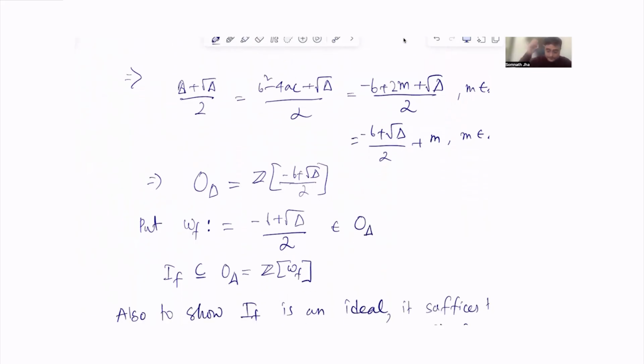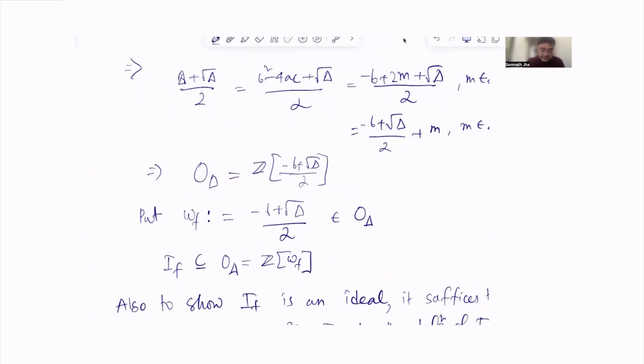And O delta, which is Z omega f in this notation. Okay, so at least it's inside the ring of integers.